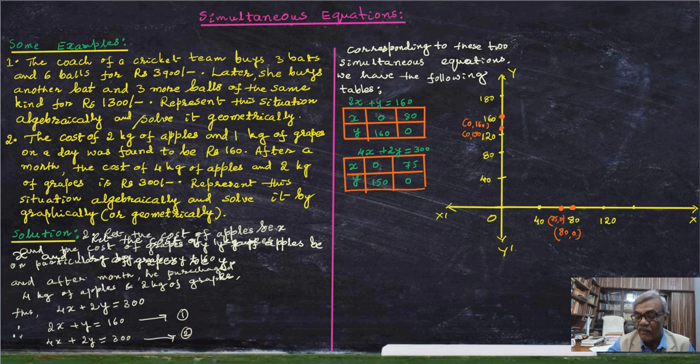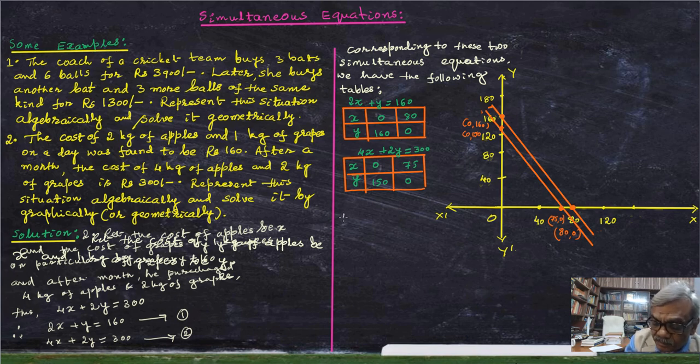These points I have plotted with the help of the table. Now we will draw the straight lines corresponding to these equations. Now here we have two straight lines.